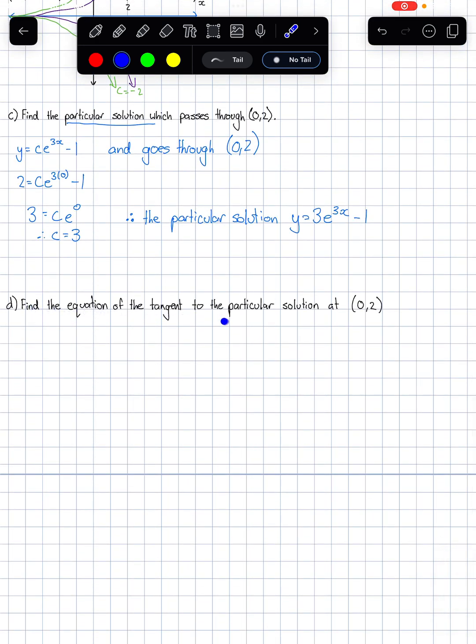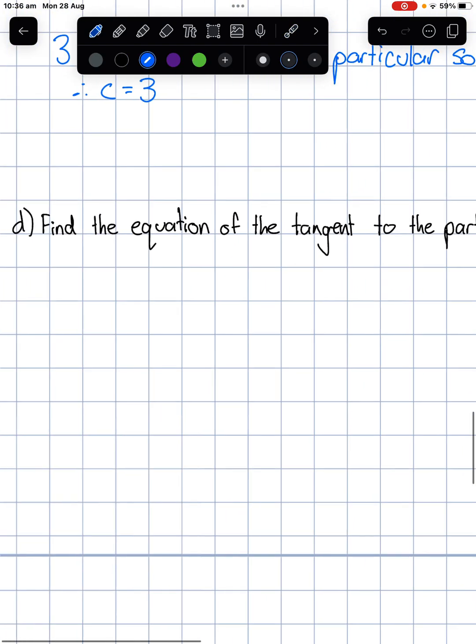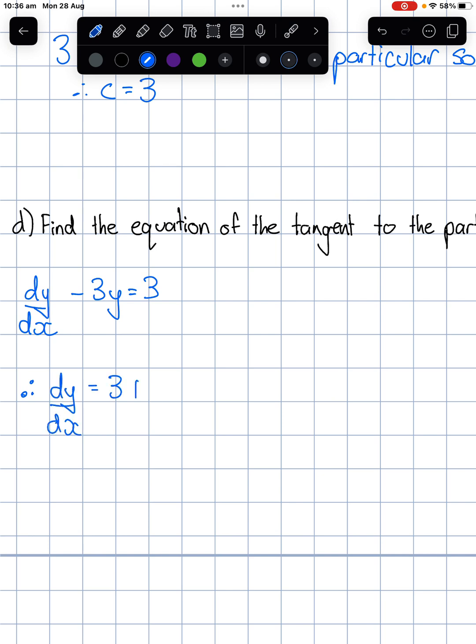Now the last bit, find the equation of the tangent to the particular solution at 0, 2. So you've got to consider here dy/dx. We weren't given dy/dx, we were given dy/dx minus 3y equals 3, which therefore dy/dx equals 3 plus 3y.